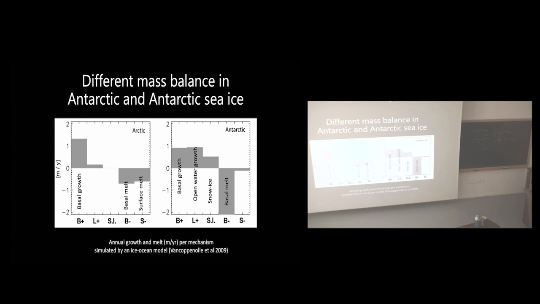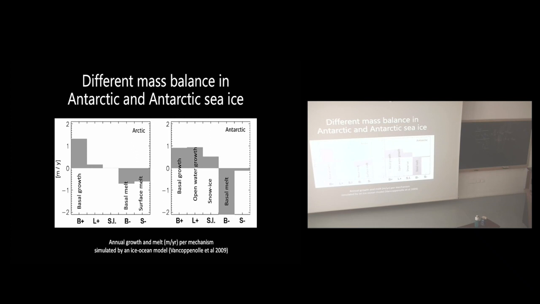You grow basically in the Arctic 1 meter of ice on average via the basal growth that Dirk described from Stefan's law, so congelation at the base, and you melt with roughly equal shares from the surface or from the bottom.